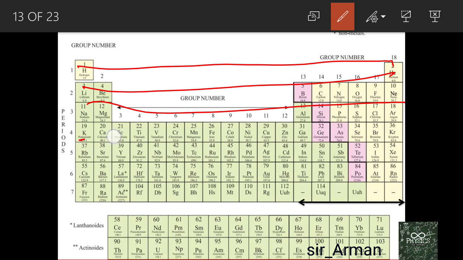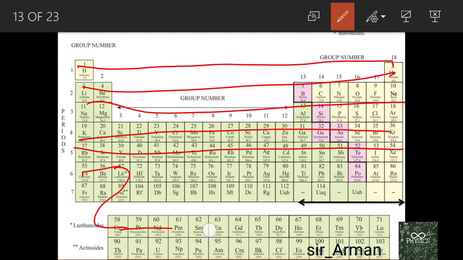Periods number 4 and 5 consist of 18 elements each. And period number 6: this is 55, 56, 57, then 58 to 71 written separately below, then again continuing. All these elements belong to period number 6, and there are a total of 32 elements in period number 6.